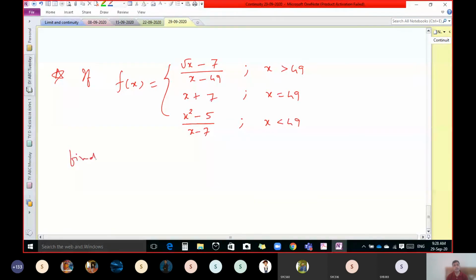Find f of 49 and limit x tends to 5 f of x. This is the question.